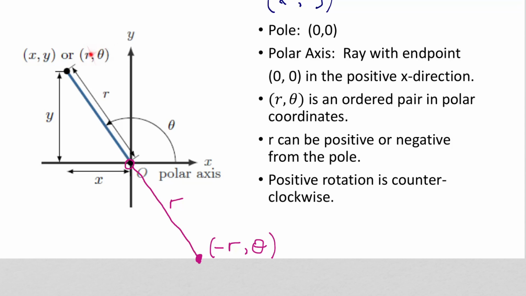This is r, theta, where I went along my theta line out to here in a positive direction, and then backwards from the pole in a negative direction here. This is what we call a negative r with the same theta. All right, we're going to get into this a little further in some of our examples.